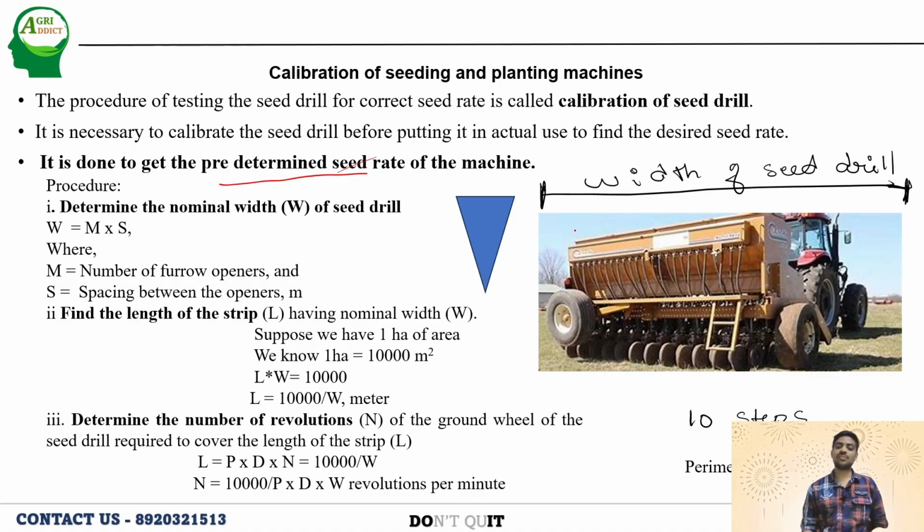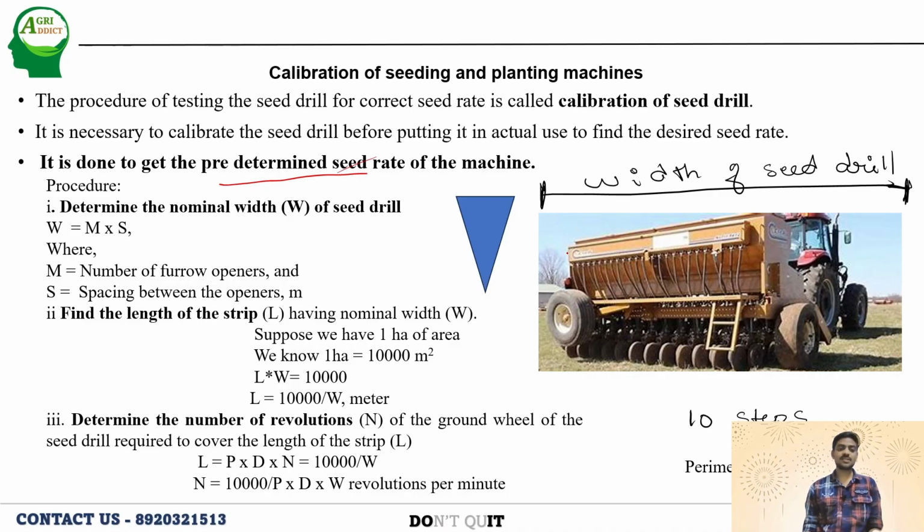For example, if its capacity is 100 kg, there is no sense in filling the seed drill with 100 kg if the seed rate is only 80 kg; you can save 20 kg. So by seed calibration you can get the seed rate and feed only that quantity of seed.